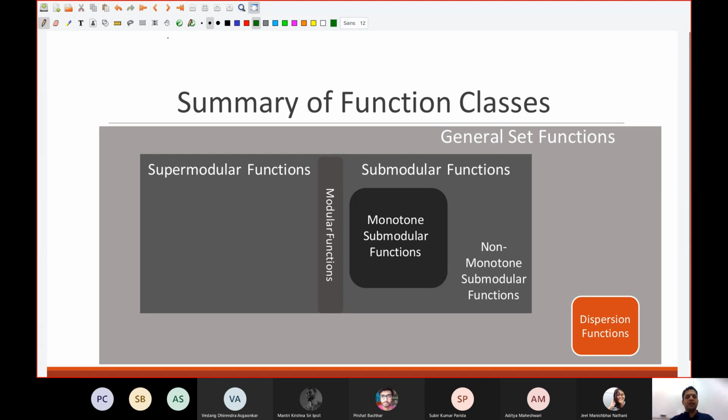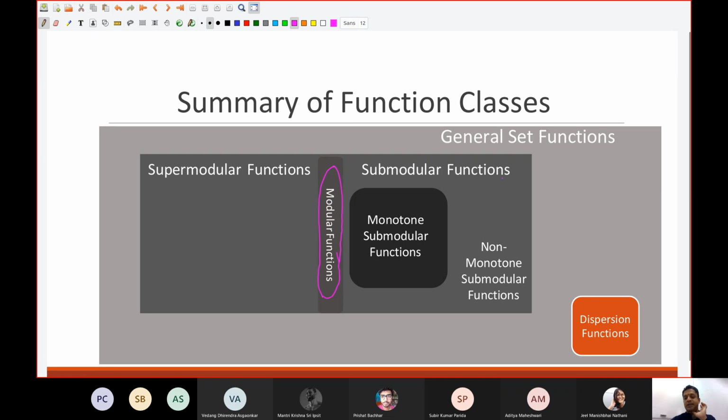So this is the general summary of function classes leading from the homework problem. You have submodular functions, you have supermodular functions, and at their intersection are these modular functions. Okay, so these are right at the intersection, modular functions, which means they are both submodular and supermodular. Subset of submodular functions is monotone submodular functions. There are also lots of non-monotone submodular functions, and then there are some dispersion functions we'll see.